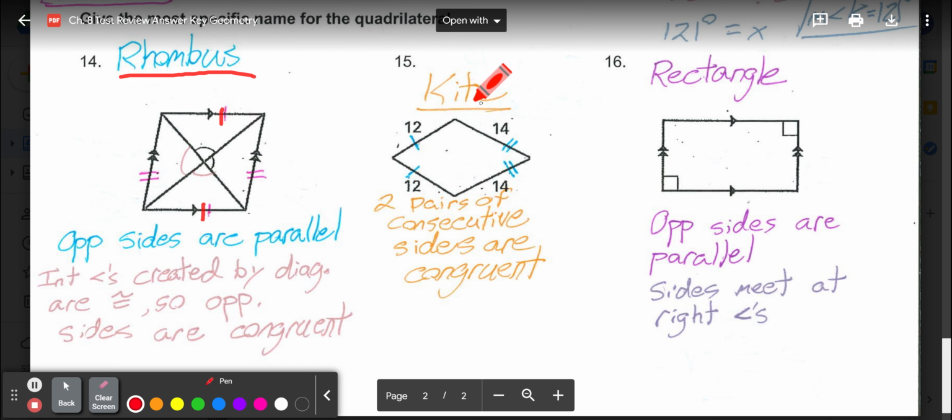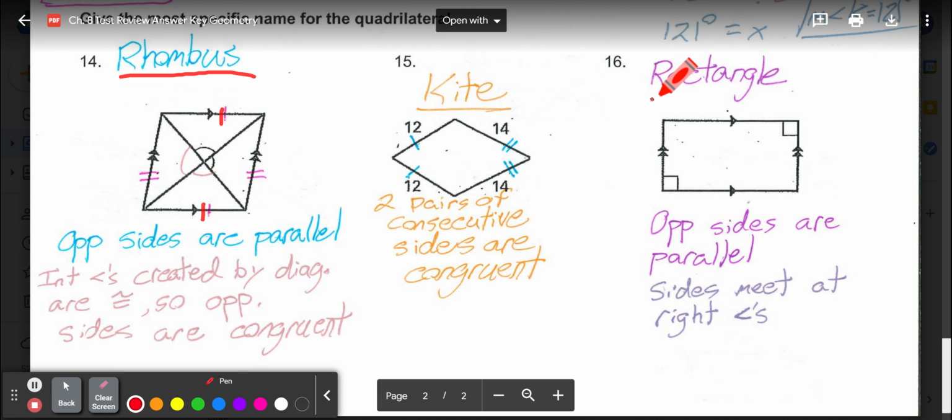In 15, the kite. I know it's a kite because I have two sides that measure 12, two sides that measure 14. So I have two pairs of consecutive sides being congruent. I don't know anything else, so that leaves me with the definition of a kite.